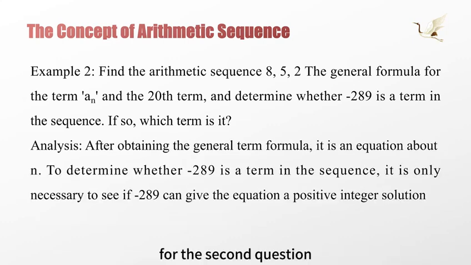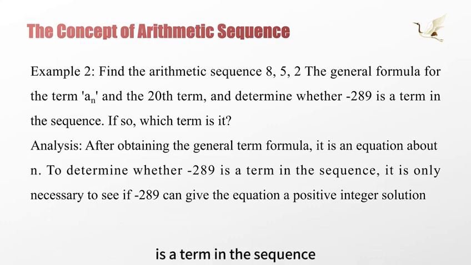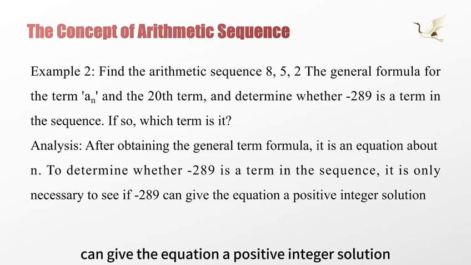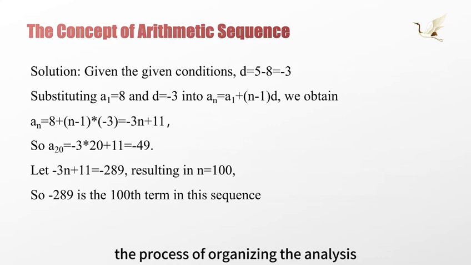For the second question, after obtaining the general term formula, we can consider it as an equation about n. To determine whether -289 is a term in the sequence, we only need to see if setting the formula equal to -289 gives a positive integer solution. The solution is as follows.